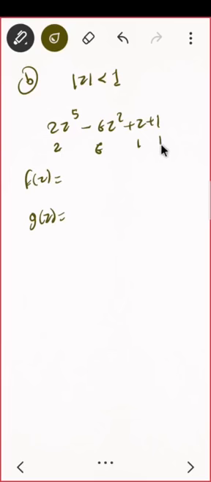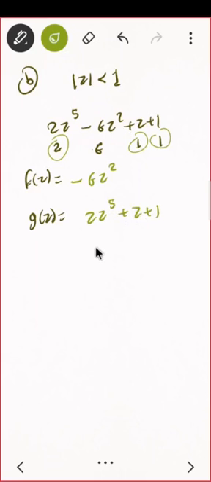What should I choose as my f of z? If you add these three terms, you still get less than 6. So it is better to take f of z as minus 6z square, and the rest will be 2z raised to 5 plus z plus 1. Is that okay too? Is it clear to you?